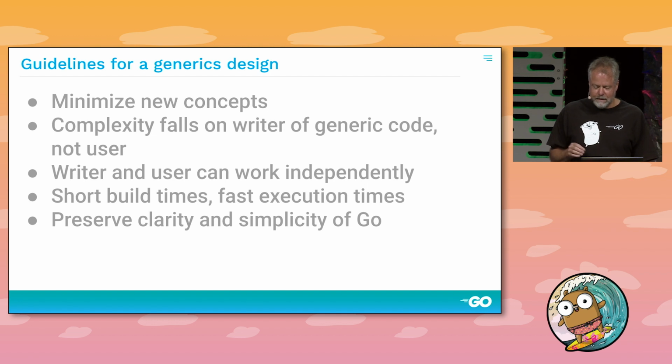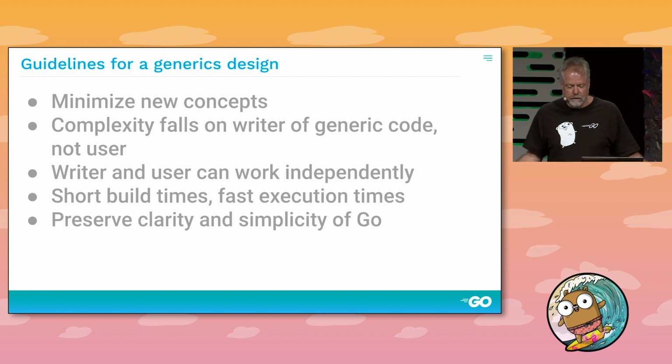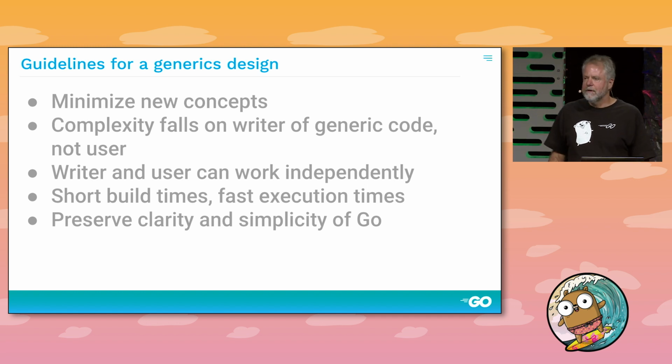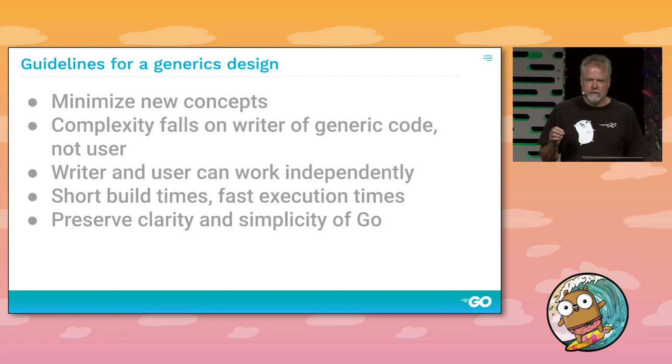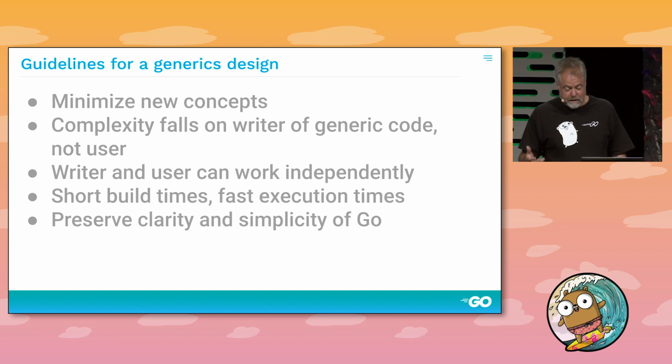We need to find mechanisms that fit well into the existing language without turning it into something quite different. These guidelines should apply to any generics implementation in Go. So this is the most important message I want to leave you with today. Generics can bring a significant benefit to the language, but they're only worth doing if Go still feels like Go. Fortunately, I think it can be done.